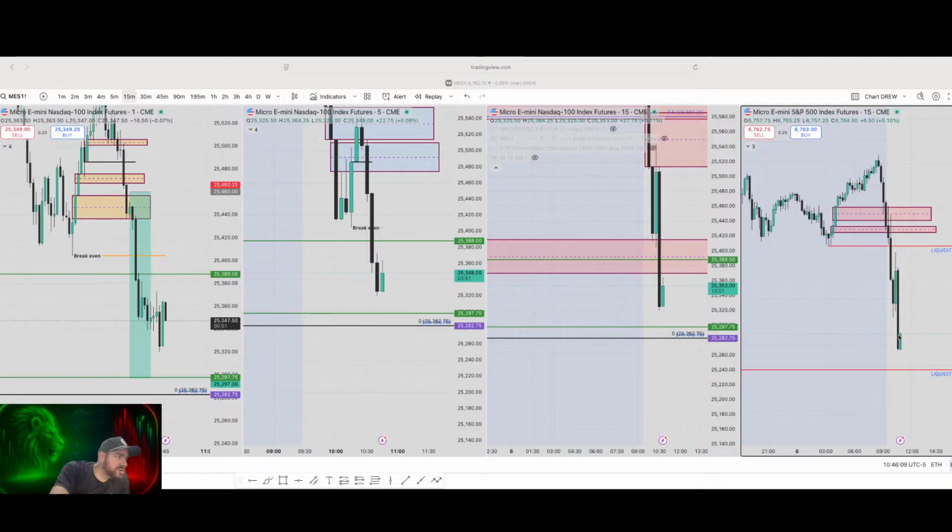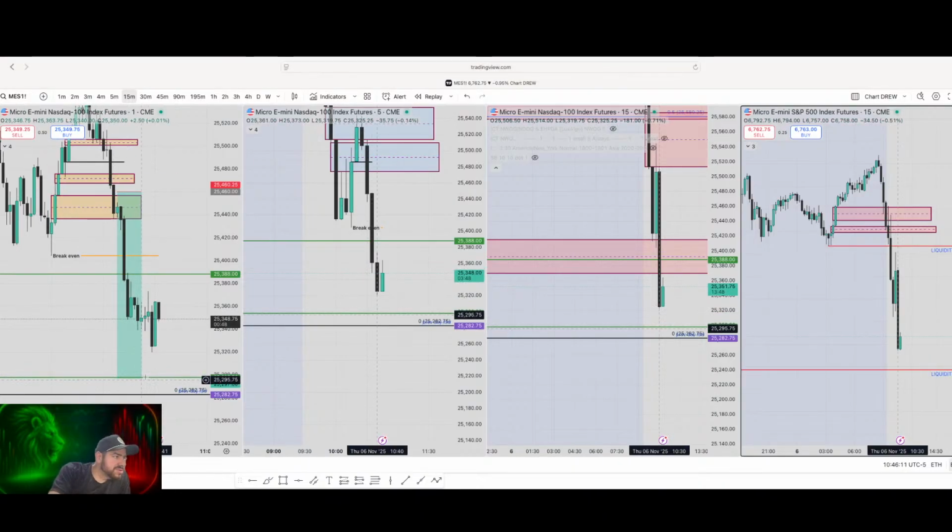We're trailing aggressively because we're already in profit. We're good. I just want to see if we get this push down here.